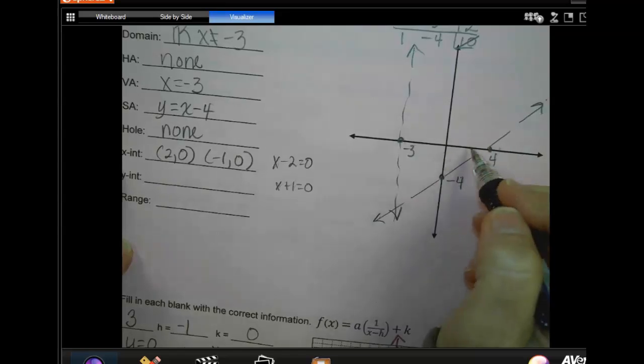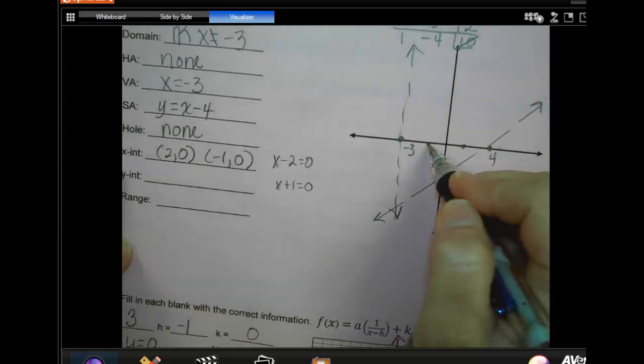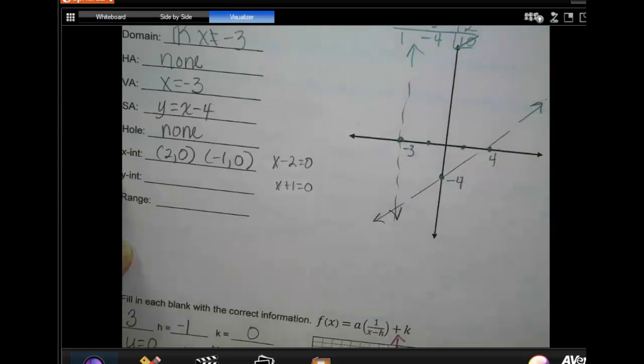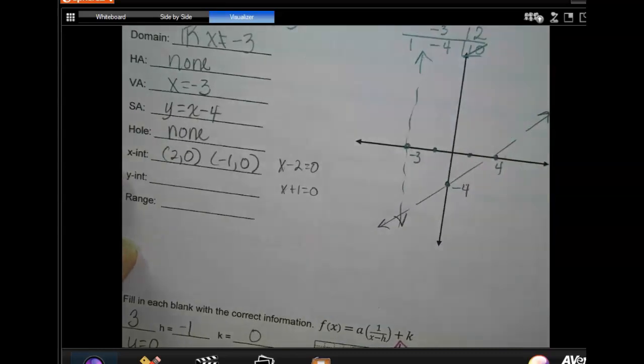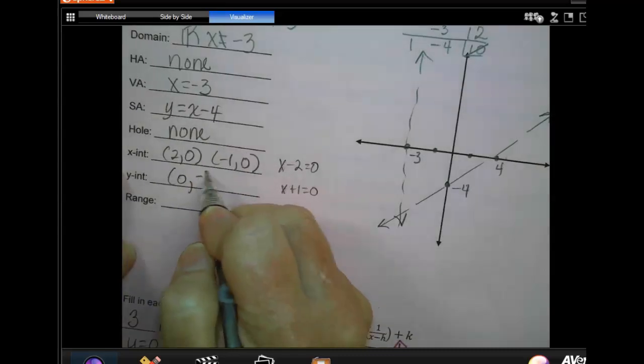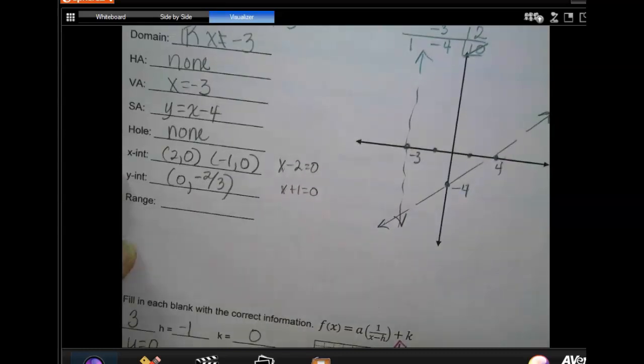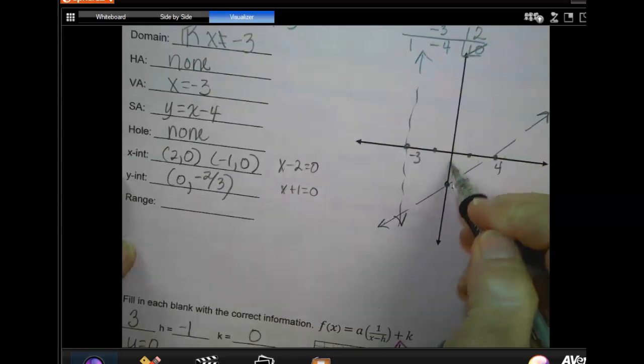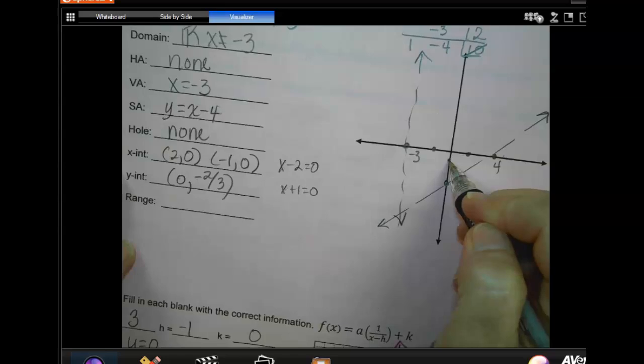So (2, 0) is here, and (-1, 0) is here. My y-intercept, how do I get the y-intercept? All the x's are 0, and that gives me -2/3. So the y-intercept is right here.